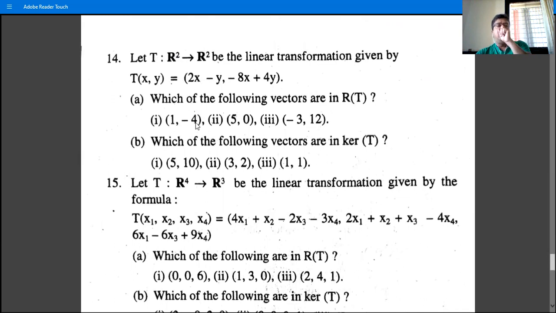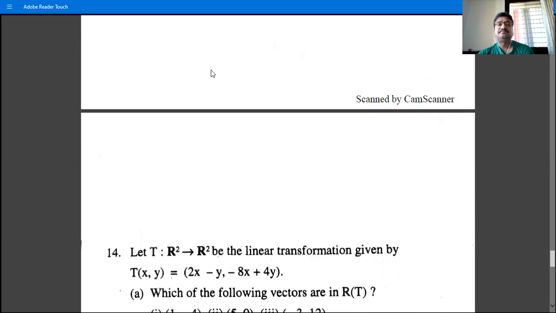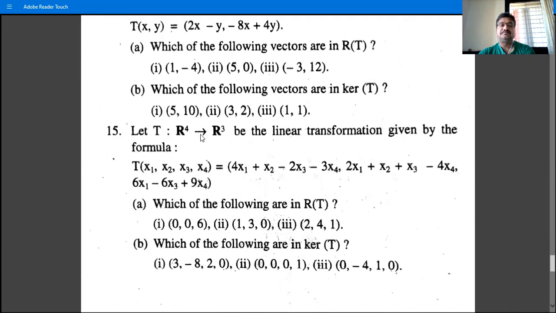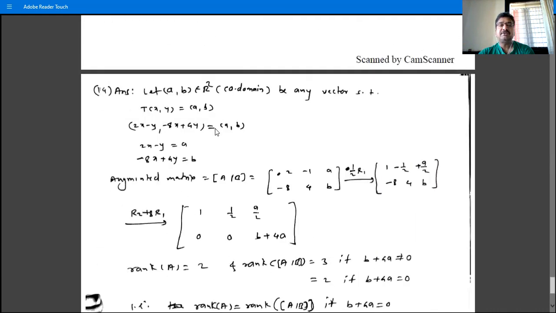Or, if we take any element (a, b) from R2, the codomain, suppose it has pre-image U such that T(x, y) is equal to (a, b). That is, this (x, y) is the pre-image of (a, b). Suppose we assume that (x, y) is the pre-image of (a, b). Then what is T(x, y)?